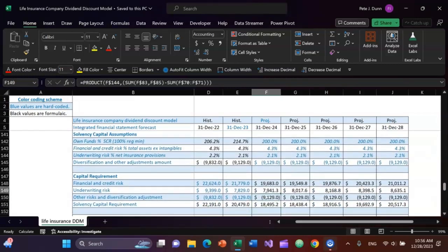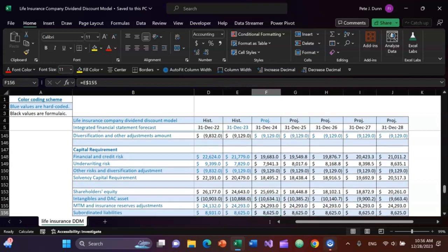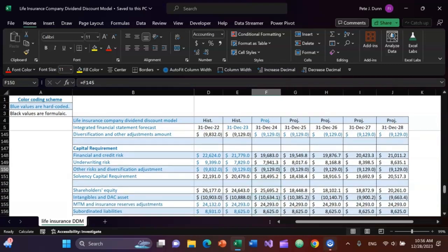So ignoring those, you have the underwriting risk. Then you include in the diversification benefit from row 145. Sum those up, and that's how you get the solvency capital requirement, the regulatory capital requirement.